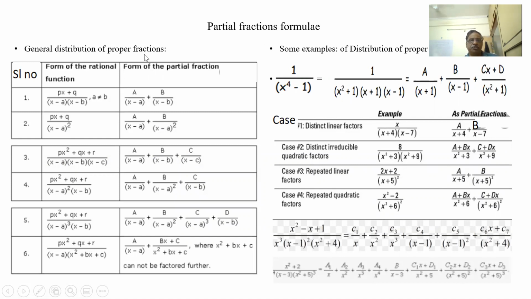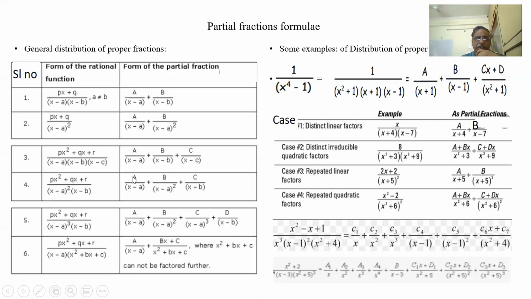This is the general distribution of proper fractions. We are only talking of proper fractions here. So for x minus a and x minus b, A by x minus a plus B by x minus b. If there is a whole square, it is x minus a plus (x minus a) whole square. So this is where it is to be distributed. These three are there, so three will come here. If there is a square, x minus b and (x minus a) whole square, all three will come here in the partial fractions.